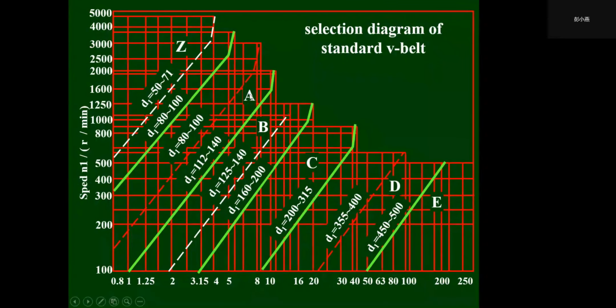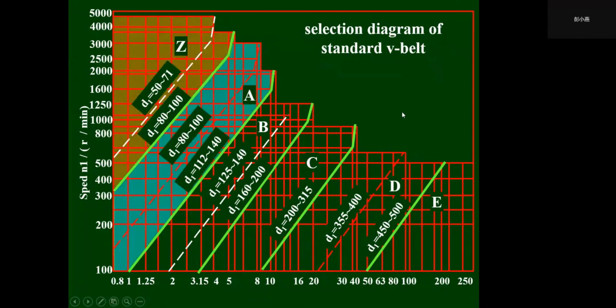These Z, A, B, C, D, E mean the type of the standard wave belt.